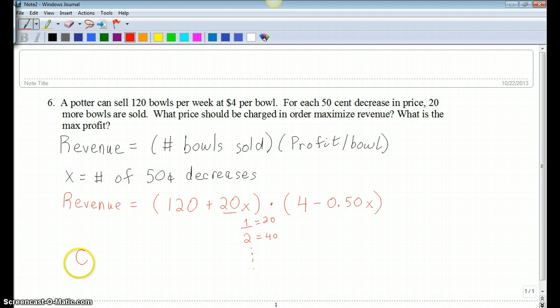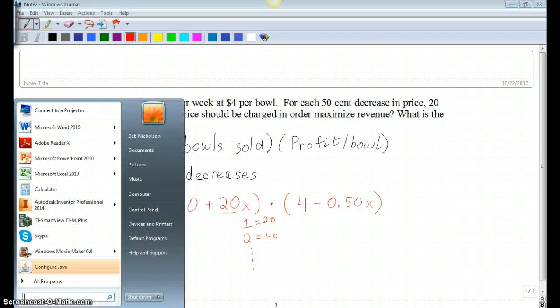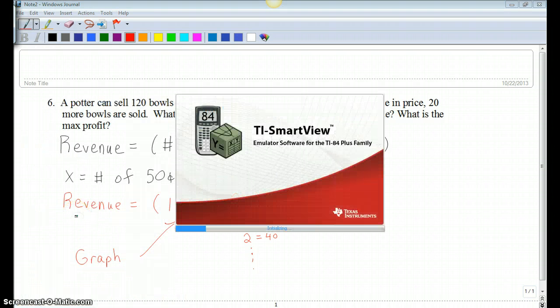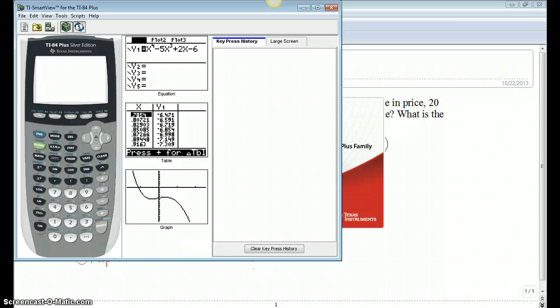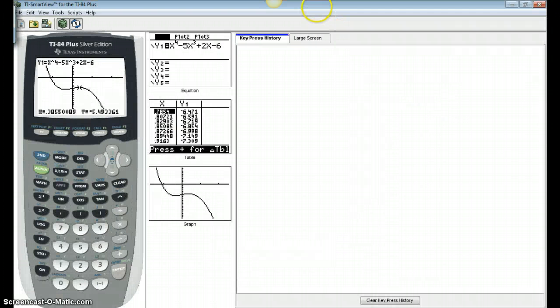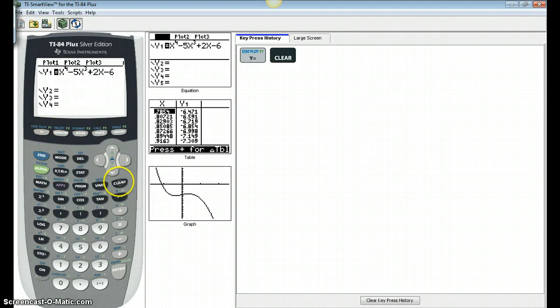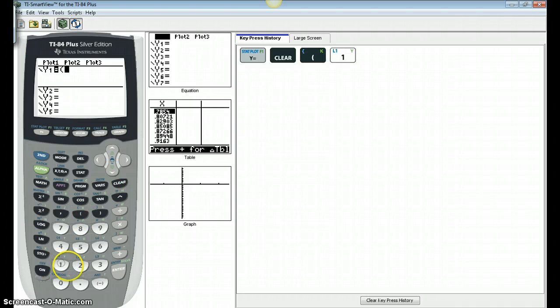So then all you're going to do is graph this equation here, and let's see if I can't pull that up on the calculator. Alright, so we said 120 plus 20x.